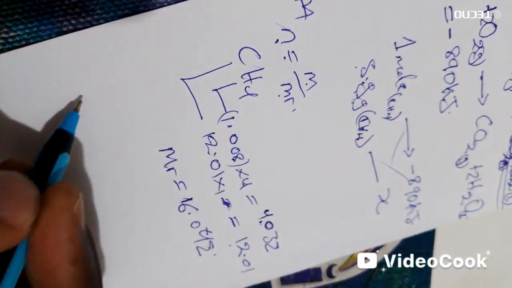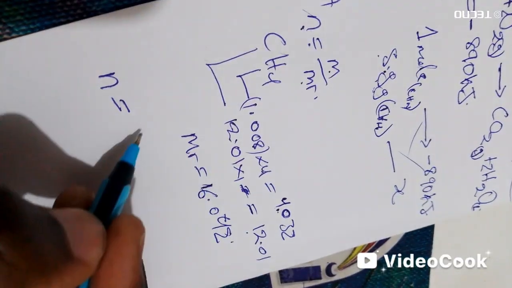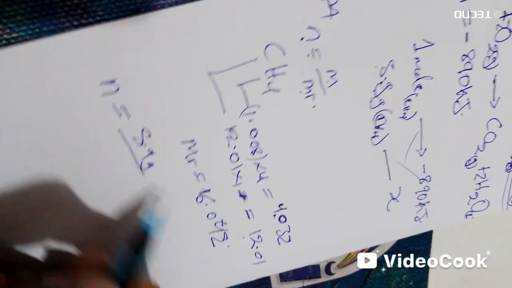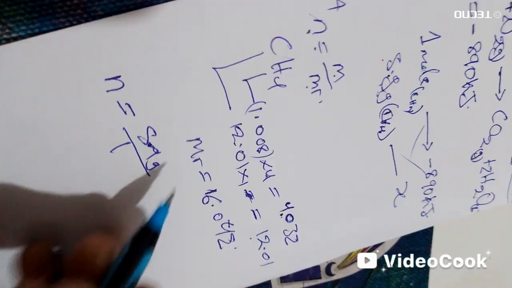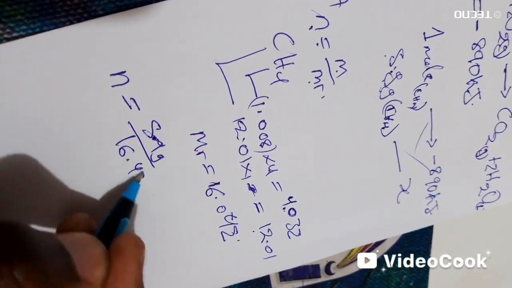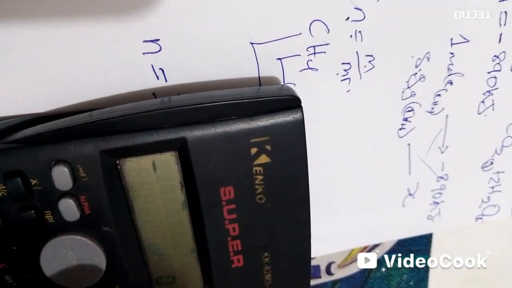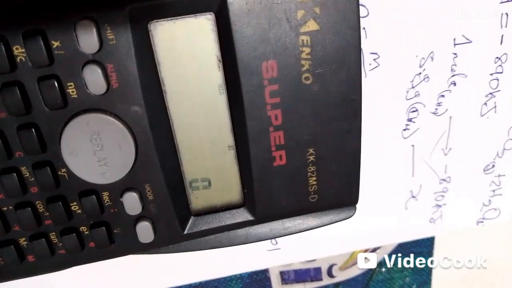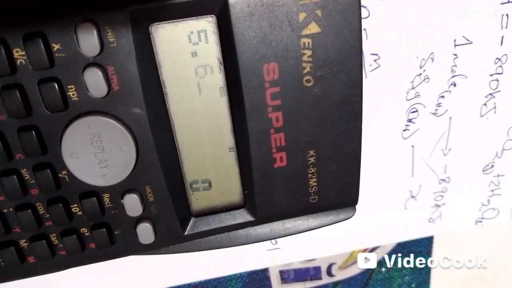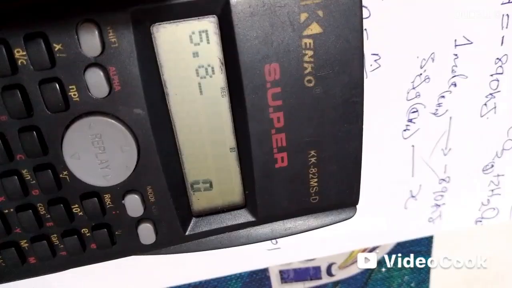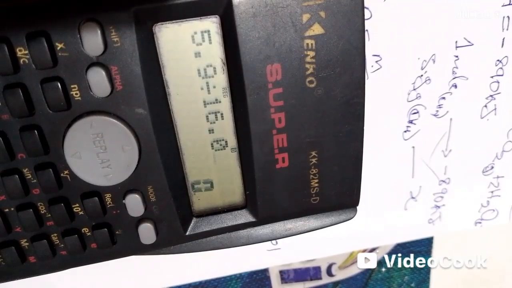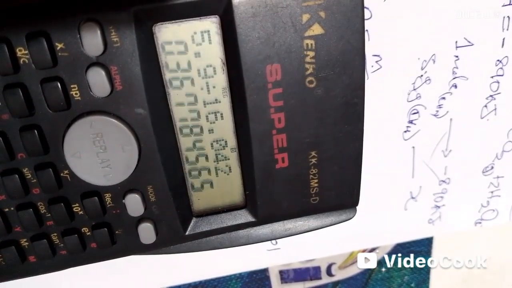And then we now go to the mole. Mole is equal to our mass, 5.9 grams, over our Mr, 16.042, and then we just do calculations. Let me use a calculator on this one. 5.9 divided by 16.042.